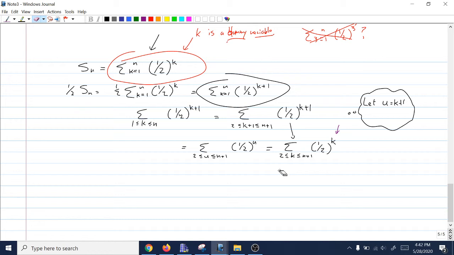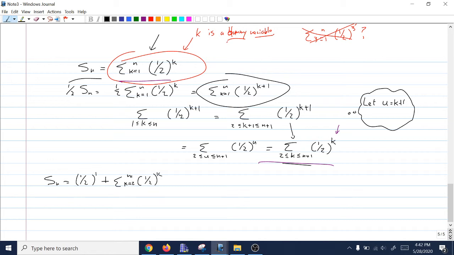Anyway, reindexing. This reindexing says now we have that I can rewrite Sn. So this thing and this thing look the same, but they have different bounds. I can write Sn as, I'm going to peel off the first term of Sn, because this thing starts at 2. I want to make this expression and this expression even more comparable. Sn is 1/2 to the 1, plus the sum from k equals 2 to n, 1/2 to the k.